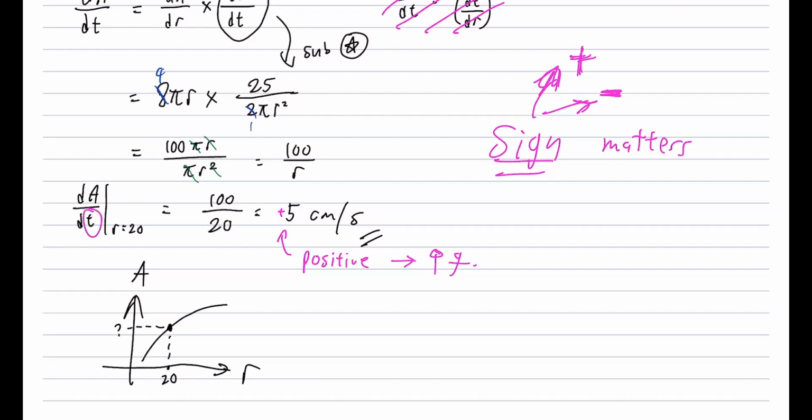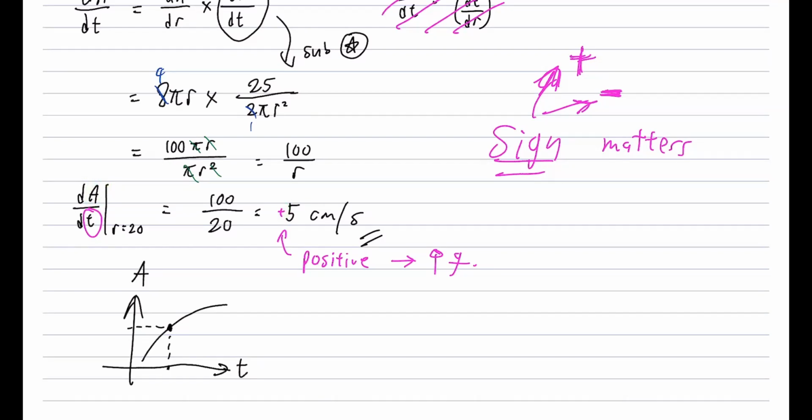So this is multivariable calculus already. I don't want to talk too much about it. I'll just stick to a t here. At a particular point in the graph, there is a rate of change that is 5 cm per second. So whenever you see a positive sign, the main idea is that the area will be increasing.